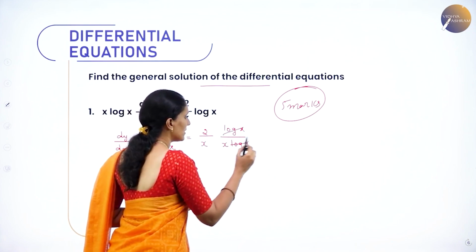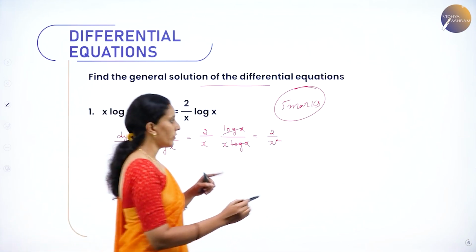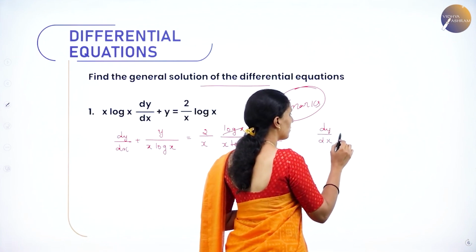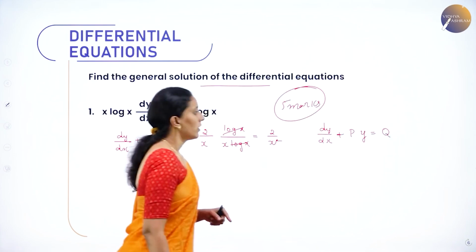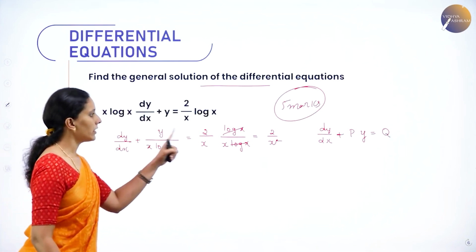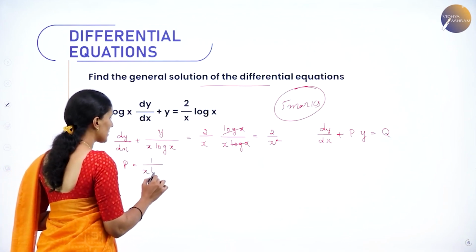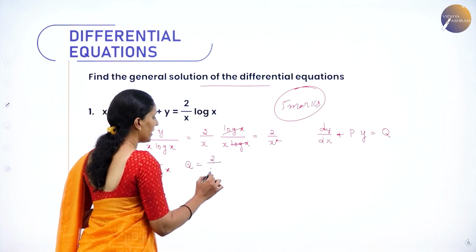Log x cancels, this becomes 2 by x square. Now compare this equation with the original equation, that is dy by dx plus py is equal to q. Comparing these two, we get p is equal to 1 over x log x and q is equal to 2 divided by x square.